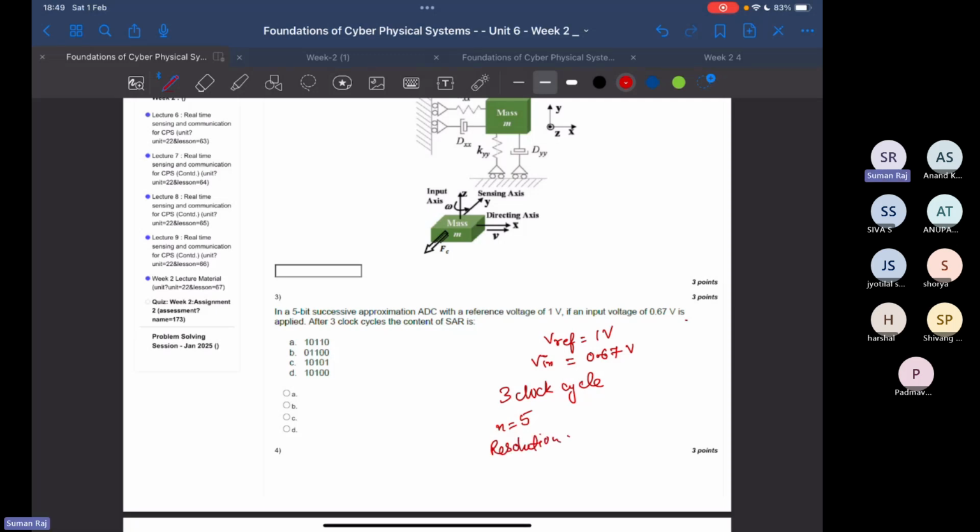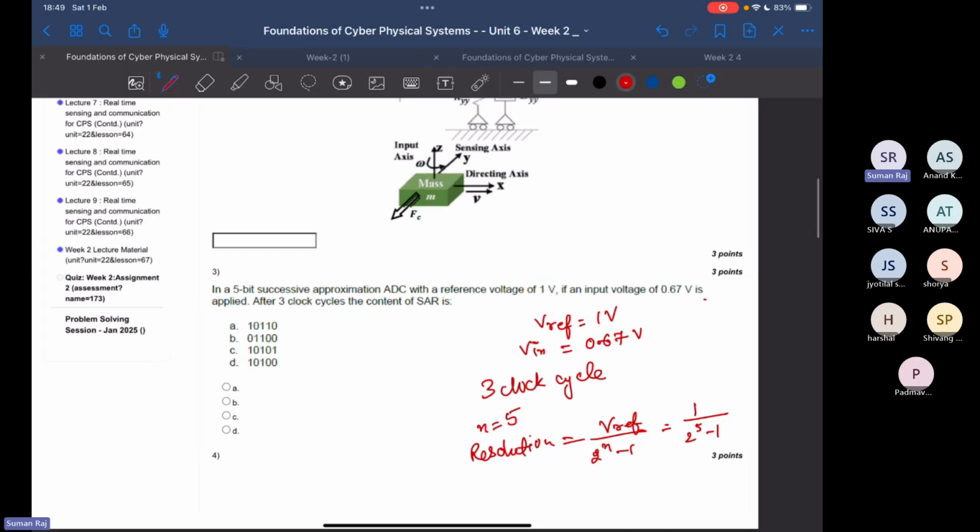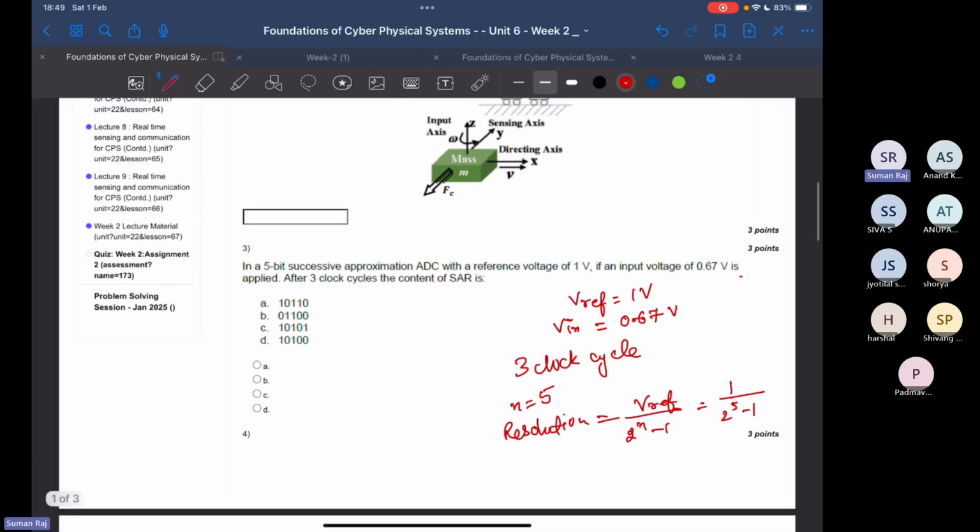You have your Vref divided by 2 to the power n minus 1. So over here you will take 1 by 2 to the power 5 minus 1. Make sure these changes are properly done. So I think this question also you should be able to do.